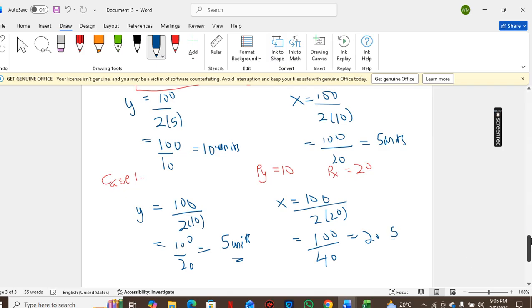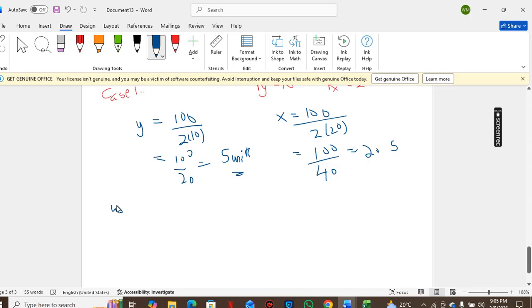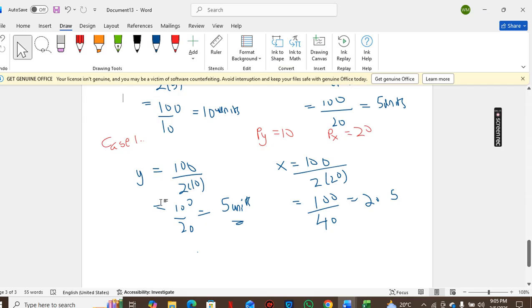So we say when price increases, whilst income is held constant, the demand functions decrease.